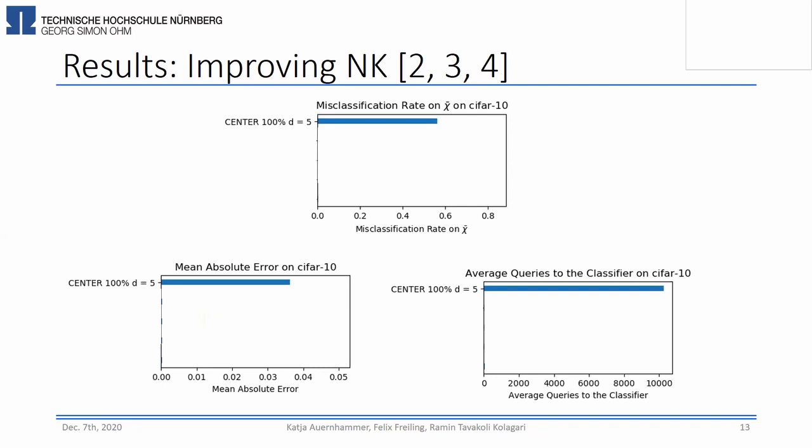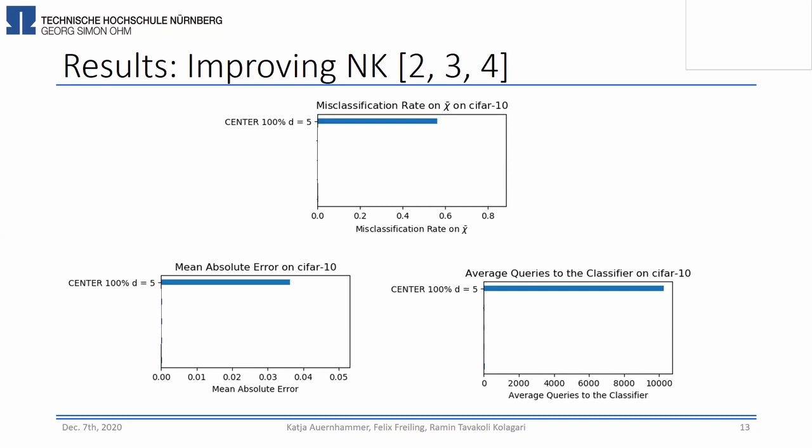Here are our results for the original run according to the settings and parameters they mentioned in their paper. The number of pixels that are perturbed in each round is 5, and center 100% is the full image. The mask does not restrict any pixels from being perturbed.